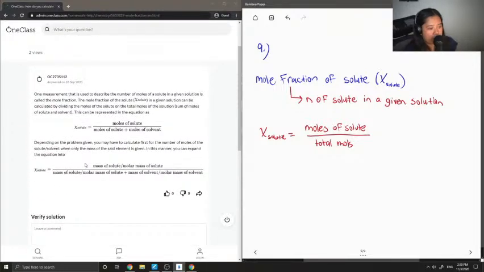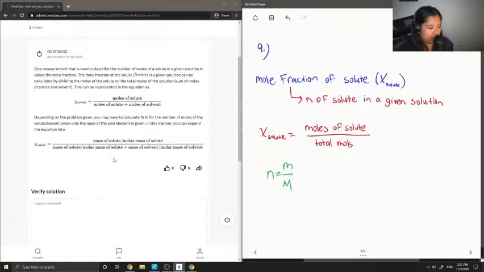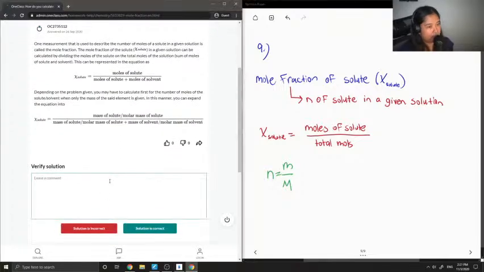So here they just have an example where you just need to calculate the number of moles first. So just to simplify it, number of moles is equal to mass over molar mass. So if a question gives you just the masses of the solute and the solvent, then you just need to calculate the number of moles first, and then you can plug it into your mole fraction equation. This solution is correct.